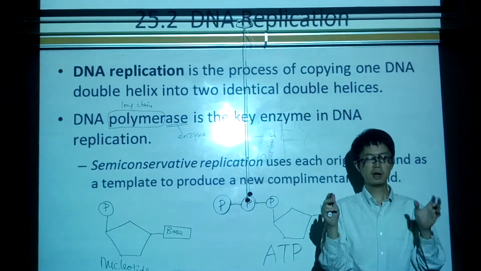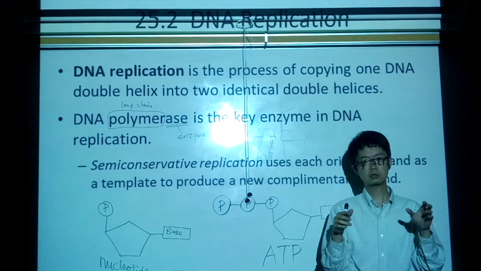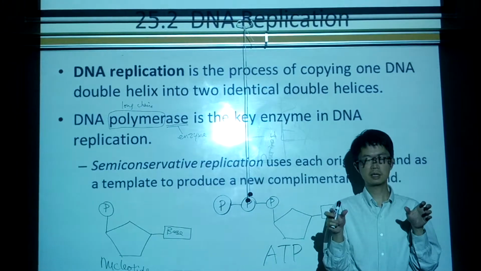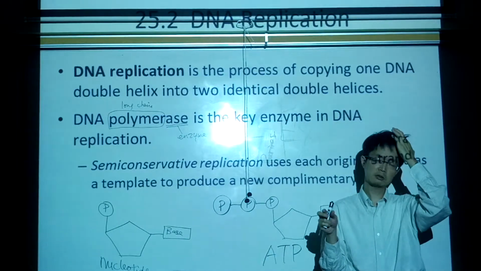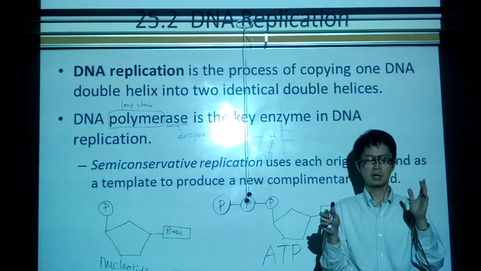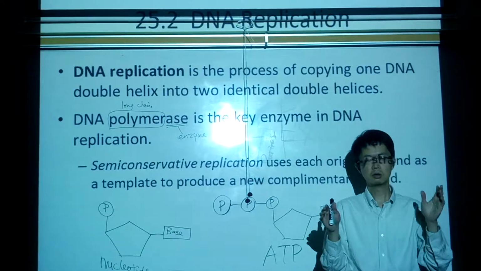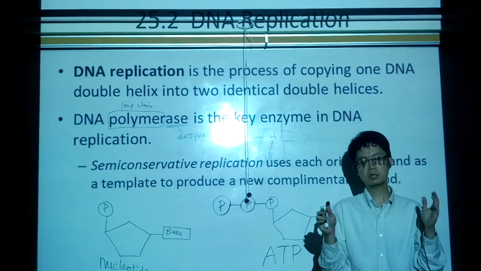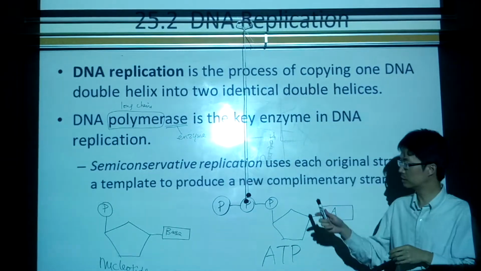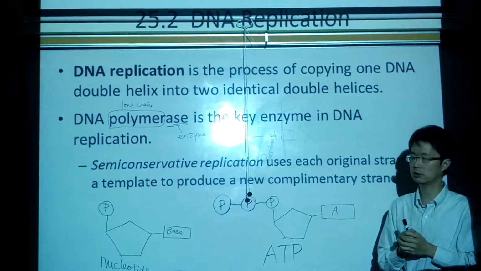The final product is two identical double helix DNA. But in the two identical double helix DNA, one strand is from the original or mother strand, and the newly made strand is the daughter strand. So in each of the two final products, one strand is from the original and one is newly made. That's why we call it semi-conservative.